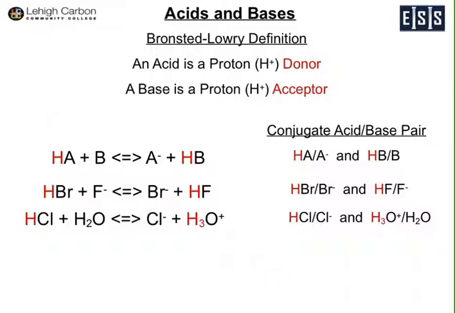Now the generic equation shown in your textbook is this first one here. HA, an acid, will react with B, a base. The acid will lose the hydrogen and become negative in charge, and the base will accept the hydrogen.